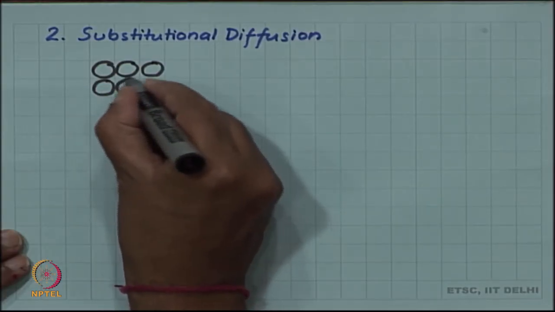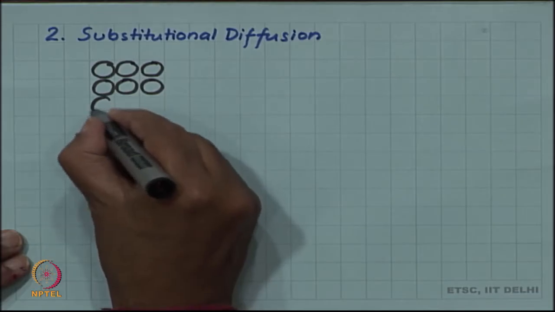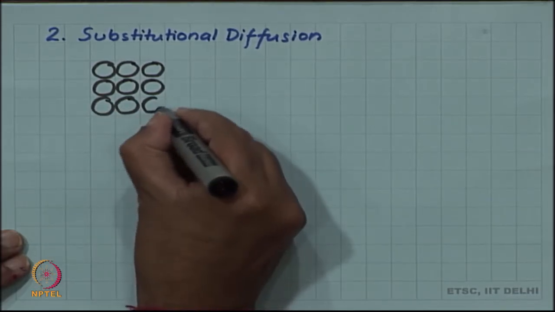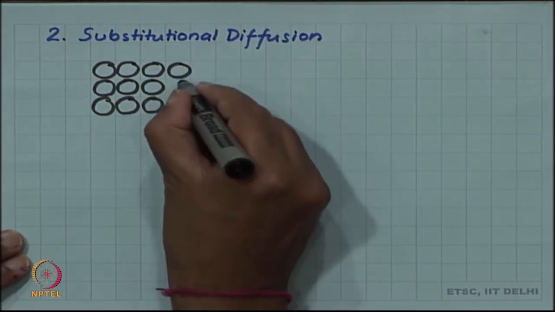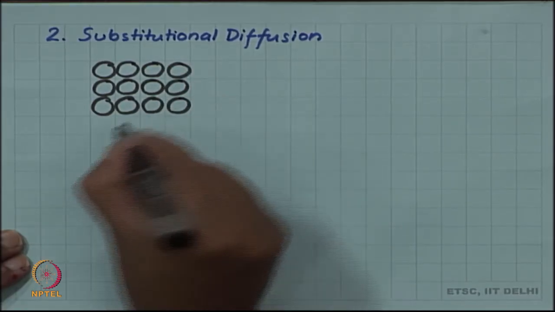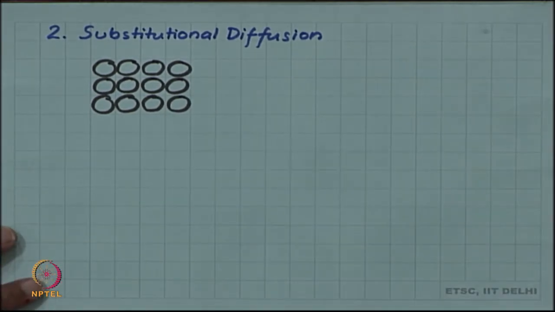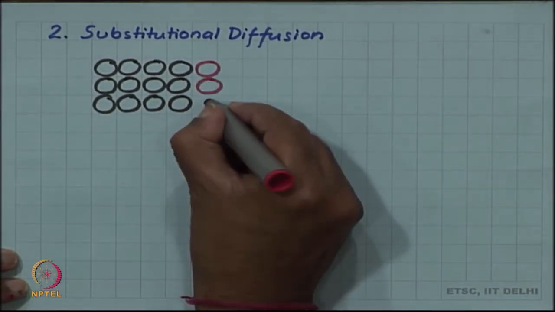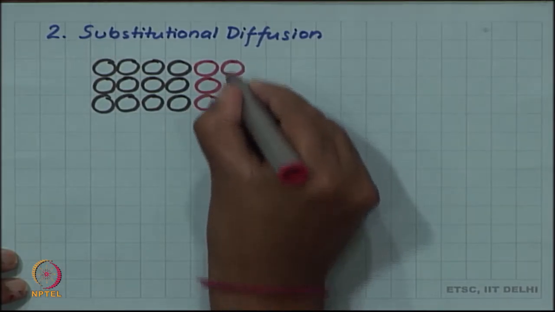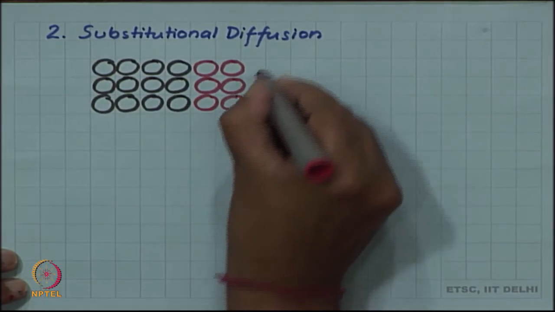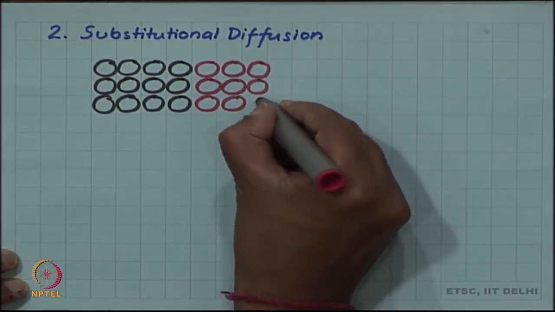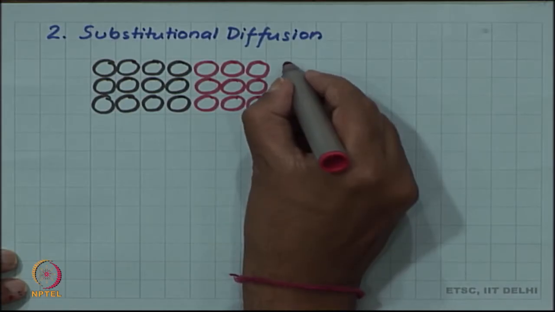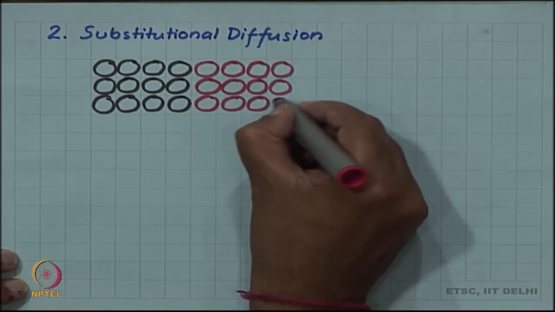So, I am creating what is known in diffusion literature as a diffusion couple. On one side I have black atoms, on another side I have red atoms, representing two different elements. So, for example, one can be copper, another can be nickel.